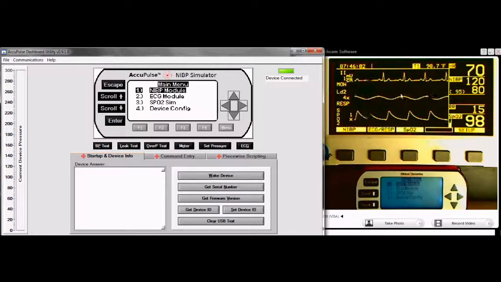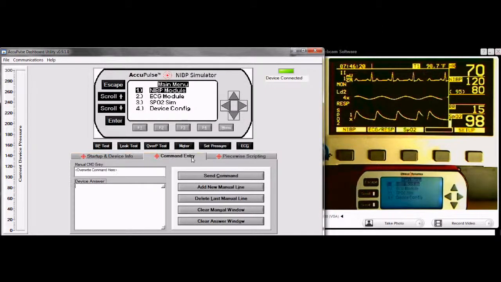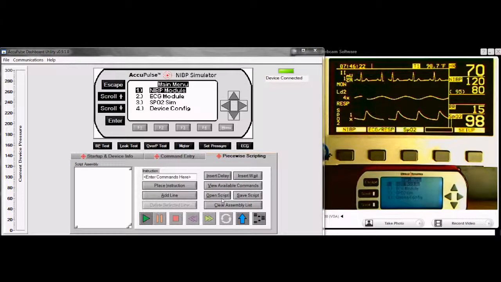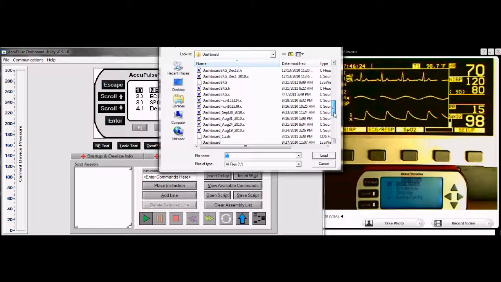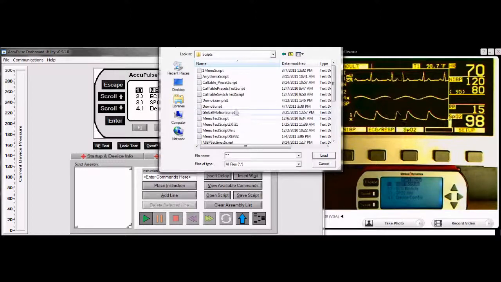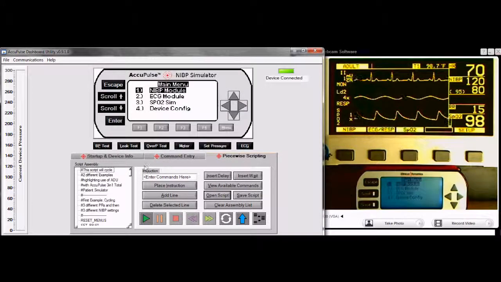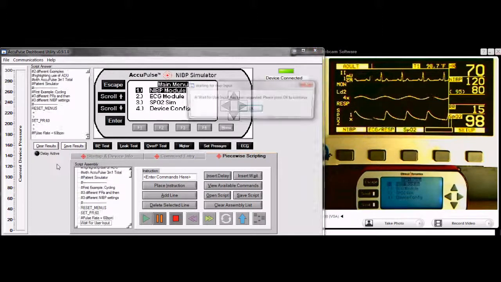The simulation system can be controlled utilizing the front panel of the AccuSim or remotely with serial communication protocols in the Windows-based dashboard command software package. This demonstration will feature the dashboard software with individual commands and customizable script command sets in order to generate automated instructions.